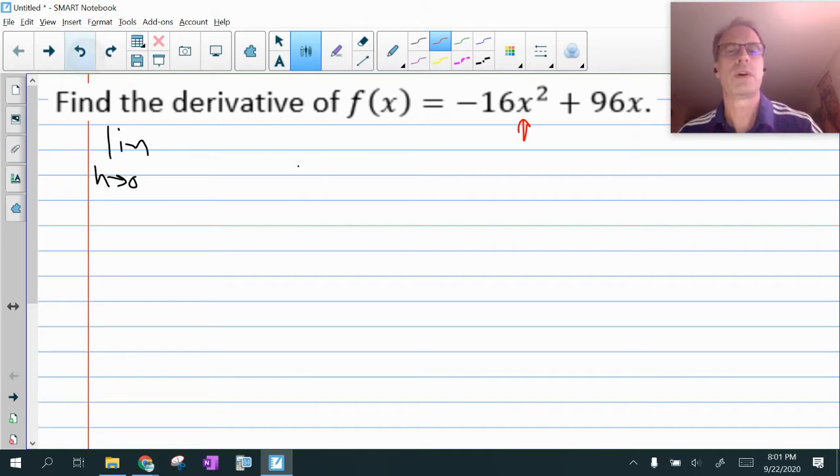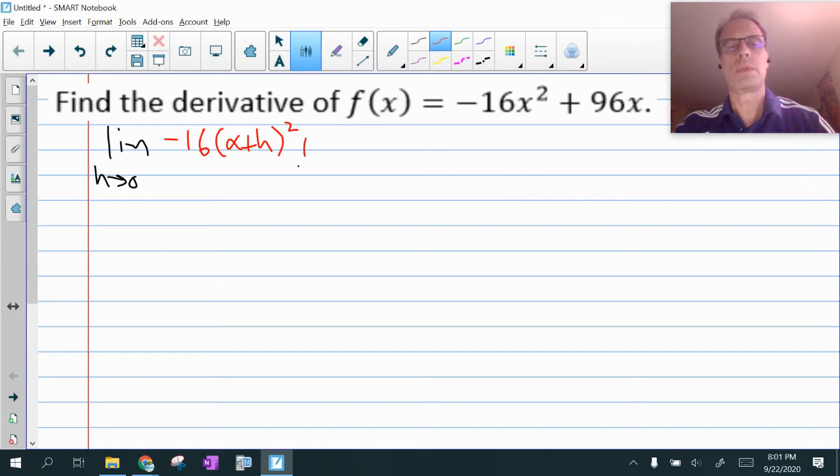So when it comes to finding f of x plus h, I'm just going to say that it's going to be negative 16 times the quantity x plus h squared plus 96 times the quantity x plus h. Okay, that's my f of x plus h on that one.